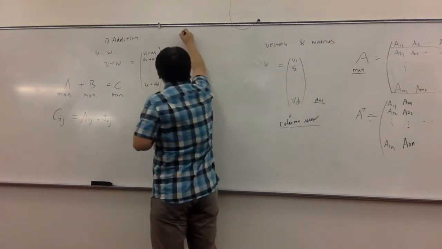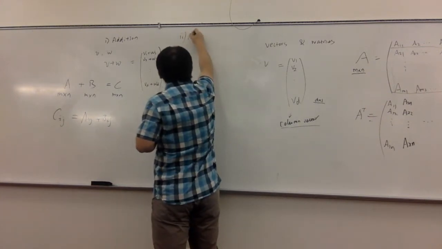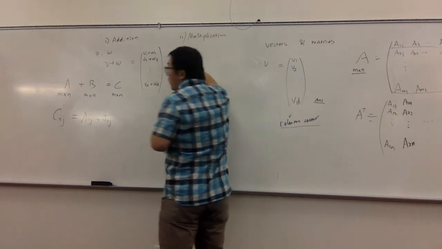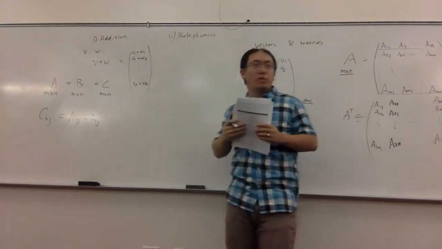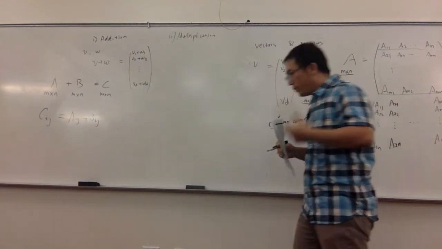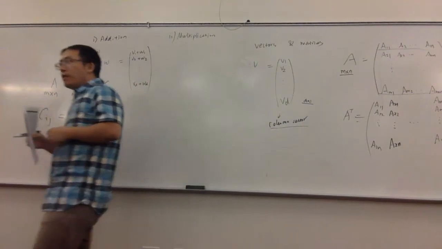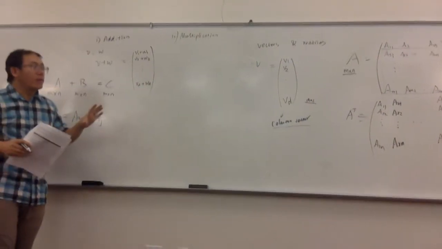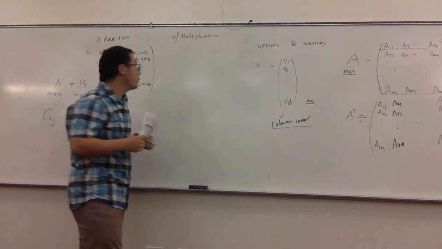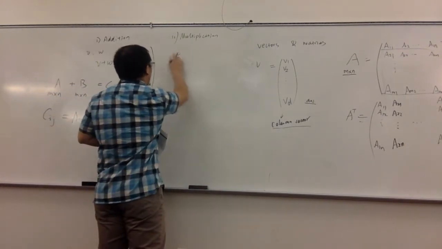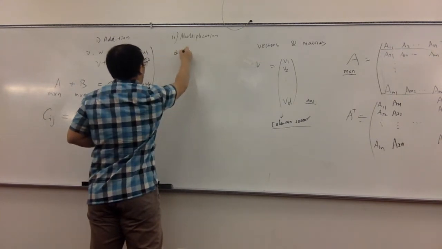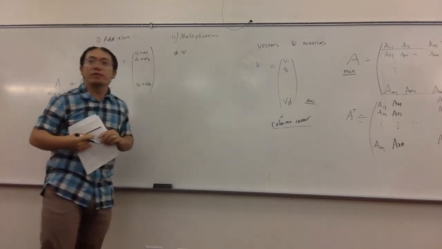The second operation is called multiplication. This one is a bit different from the commonly used scalar multiplication. We first consider the simplest case, that is, we multiply a vector by a scalar. So we can multiply a scalar alpha by a vector V. Then what's the result vector?